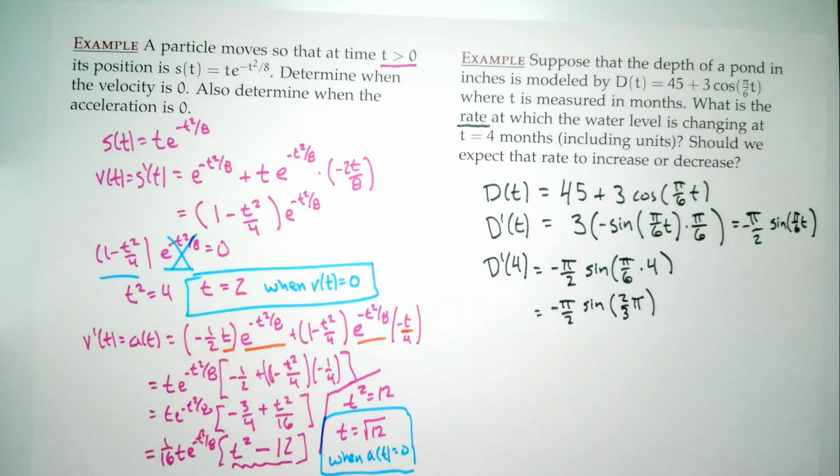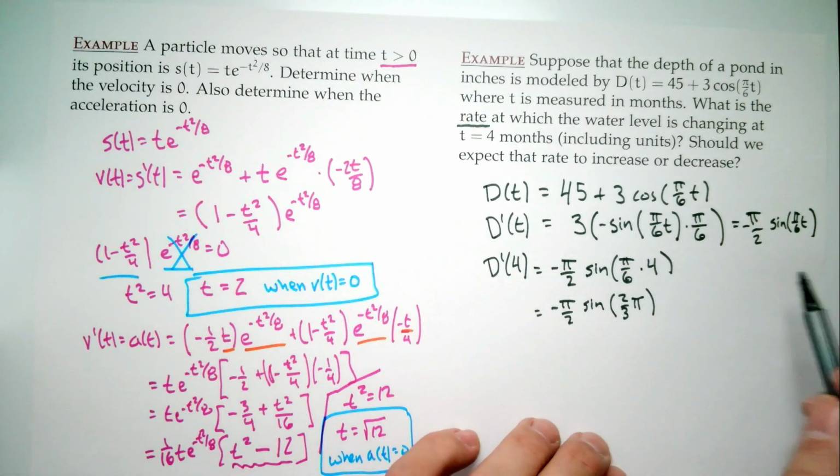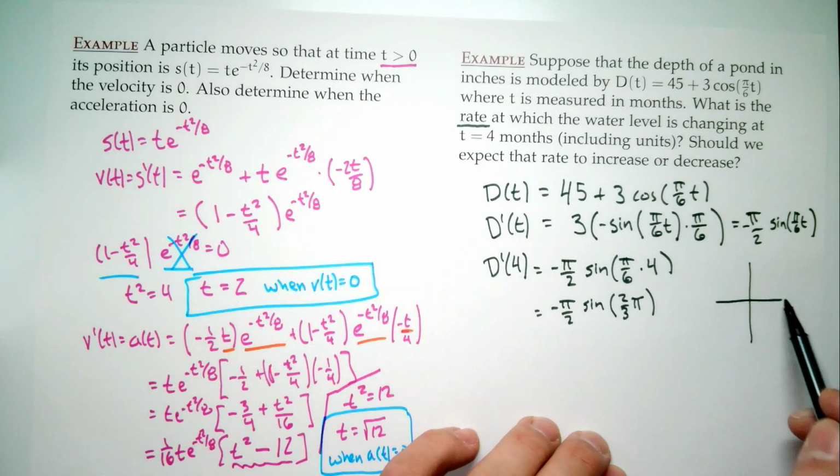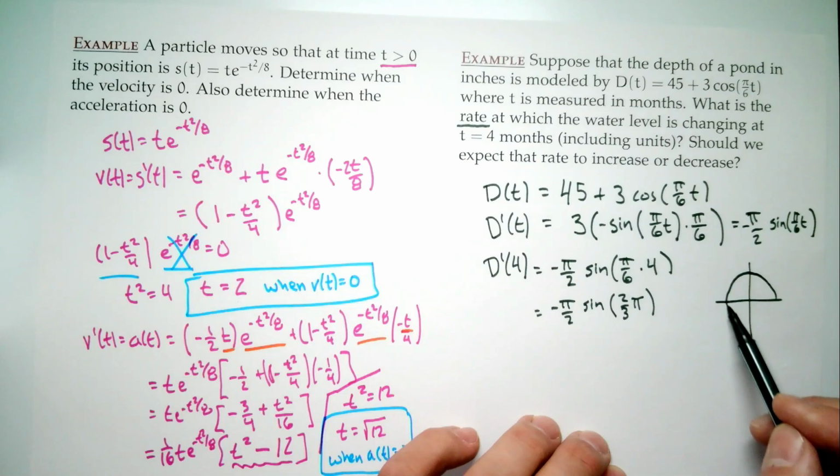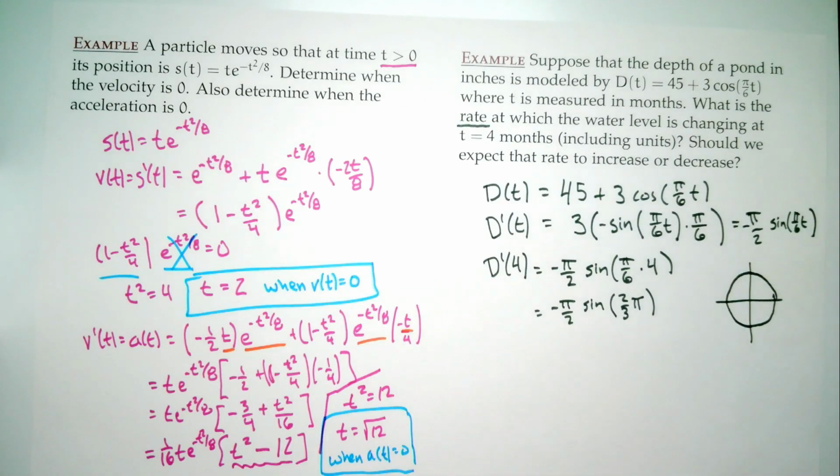Well, do we know what the sine of 2/3 pi is? If you think about a circle, and the reason we say think about a circle is trig comes from circles. Sine, does that correspond to x or y values? Well, the reason I'm asking the question, you meant y, the variable.